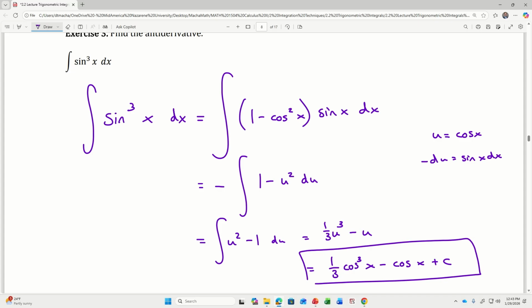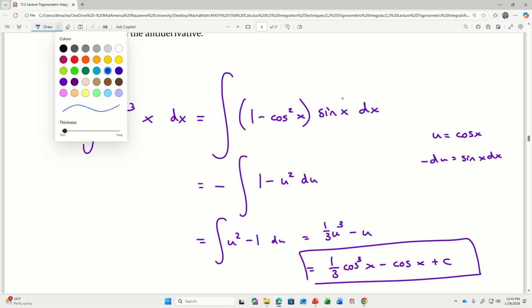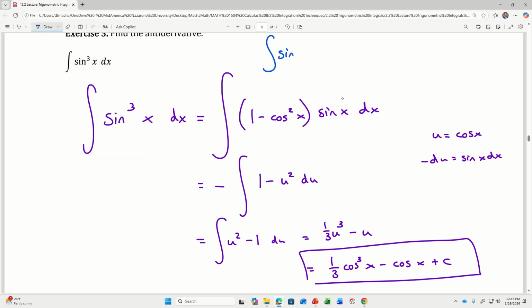If it was sine to the 5th, would it be 1 minus cosine to the 4th? No. Nope. It's always squared. Because if this were, hypothetically, sine to the 5th power, that would be 1 minus cosine squared x, squared, times sine of x dx.